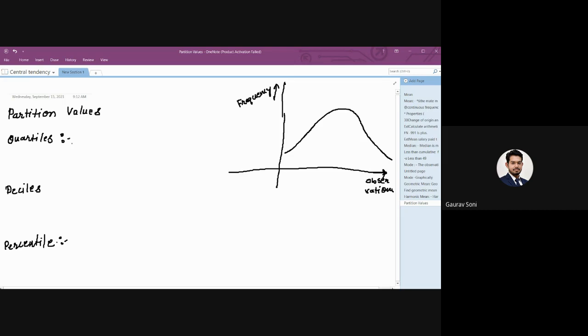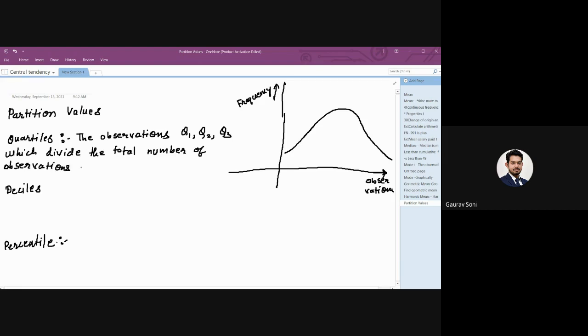The observations Q1, Q2, Q3, which divide the total number of observations into 4 equal parts are called quartiles.